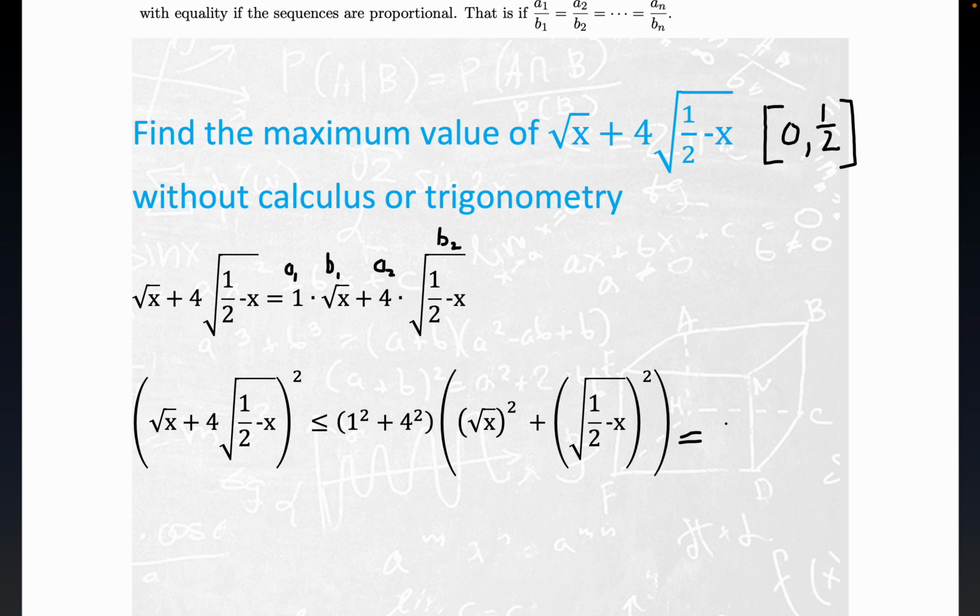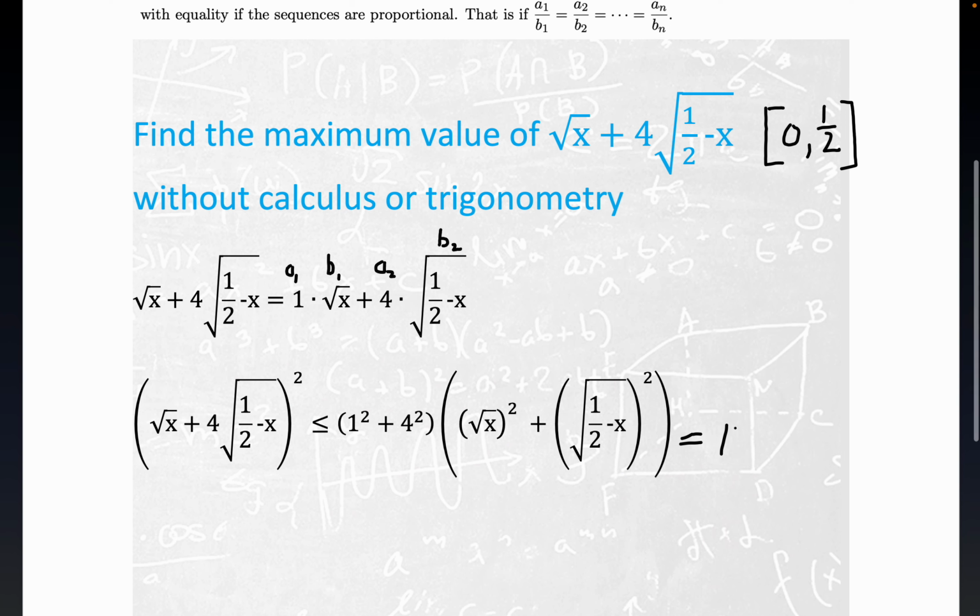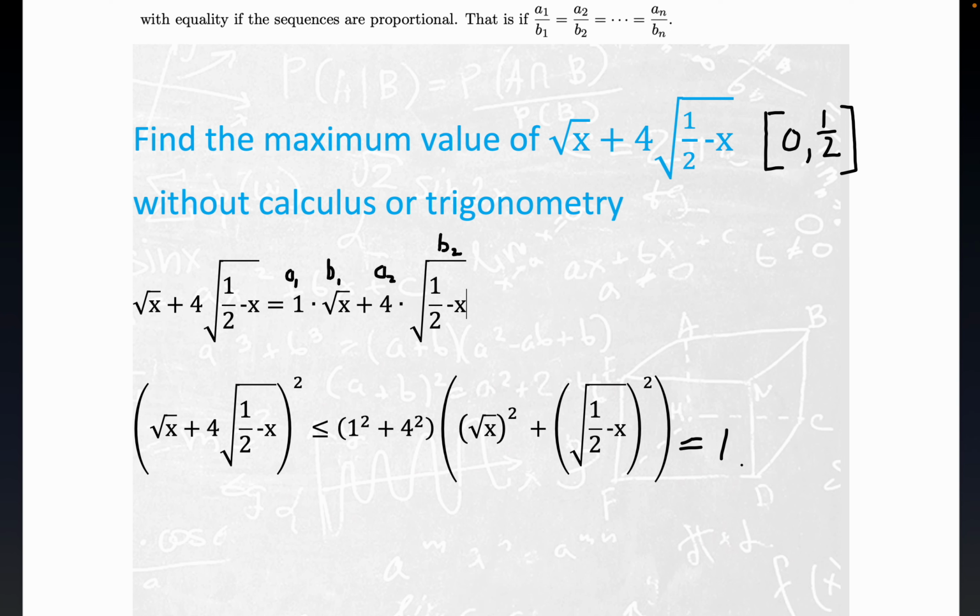So we have 17 right here. Okay. Now, y'all, if you notice right here, everything cancels out. And you would have the square root of x squared is x. And right here, you would have minus x. And so what you end up with is just 17 times 1/2.